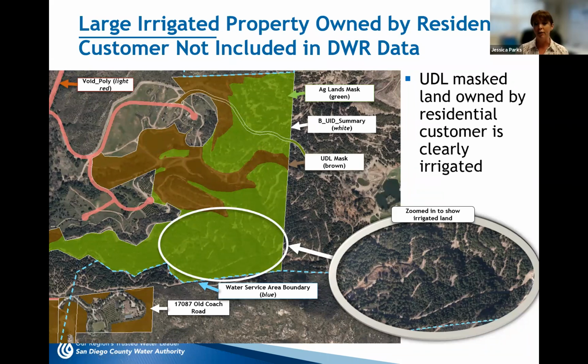Other communities, other agencies, have much more agriculture than we do. So I'm not sure how their landscape area measurements came out with this, but this is something that was concerning to us because we want to make sure it's all included. The other thing that you'll see that's a little strange is that our water service area boundary is just below where his agriculture is.